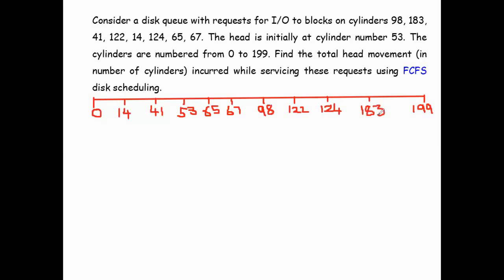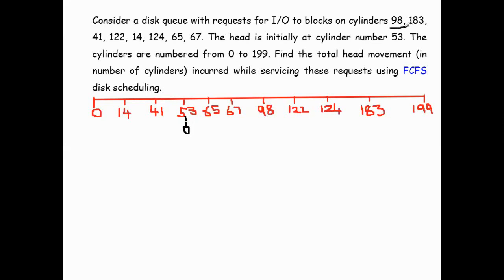The problem states that initially the head is at cylinder number 53. So, let me mark here for 53. FCFS means first come, first served. That is, the request that arrived first will be served first.